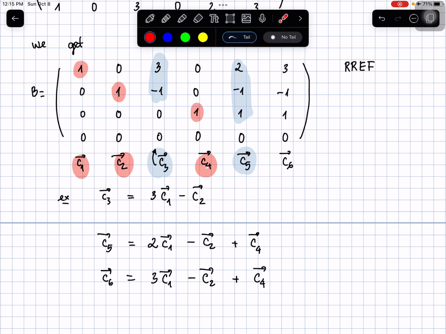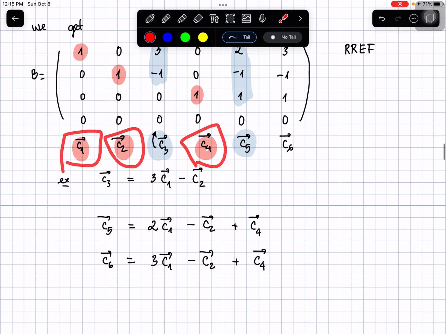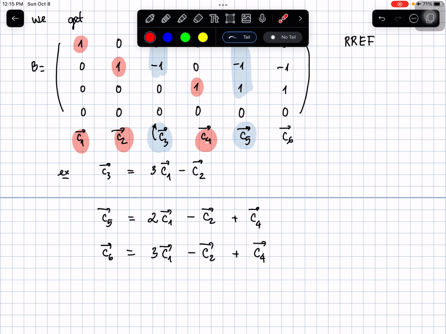So you can easily get that column 1, column 2, column 4 form a basis for the column space of B.